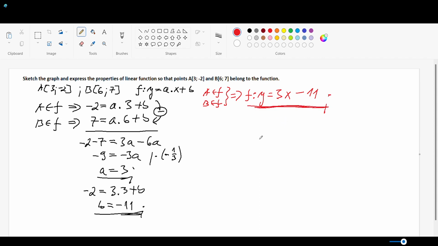So this is our equation for the function.